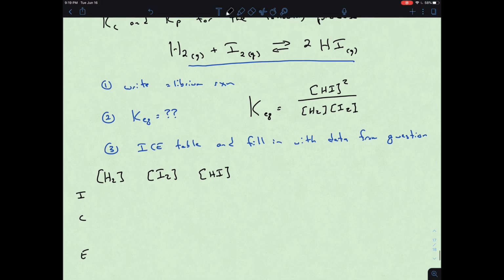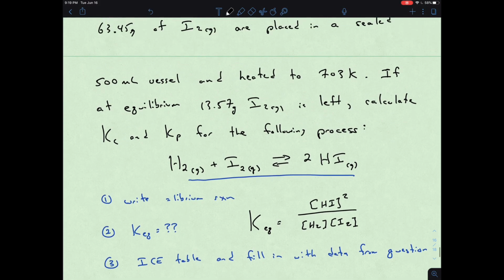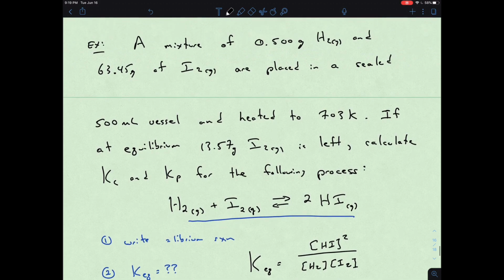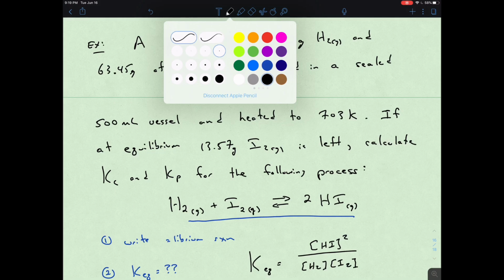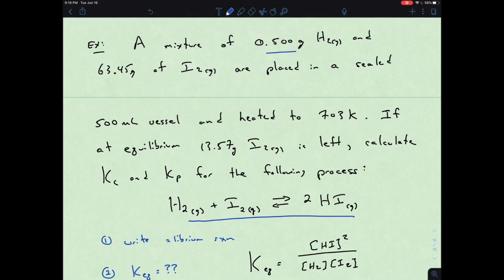Going back to the data, we find that we have 0.5 grams and 63.45 grams placed in a 500 milliliter vessel.